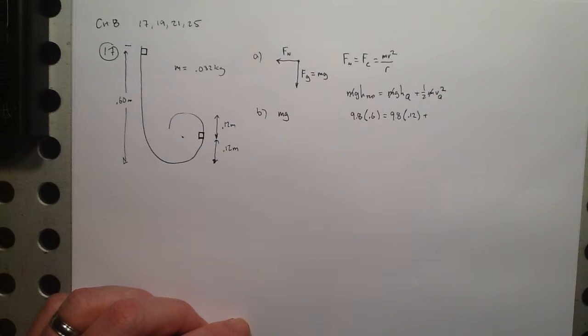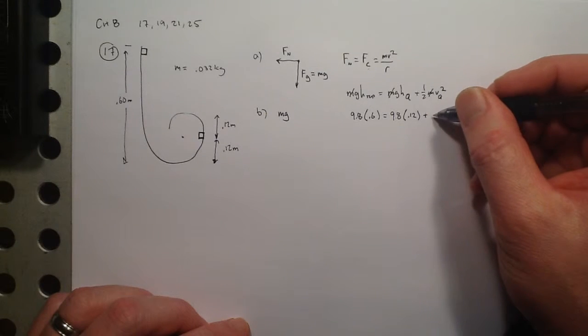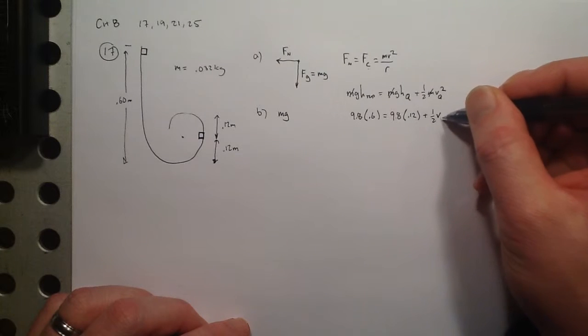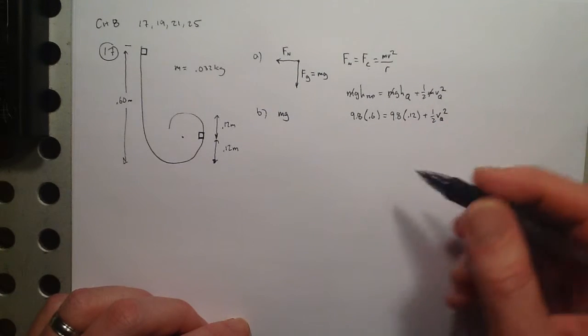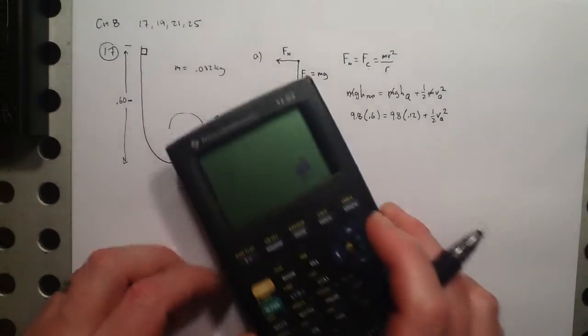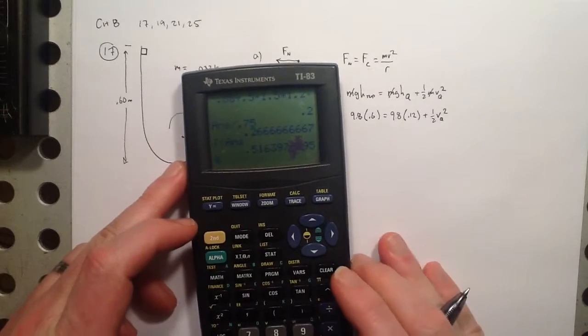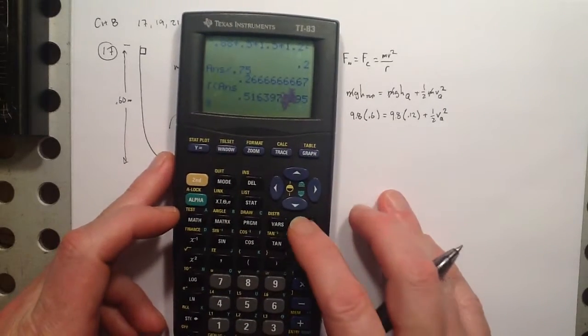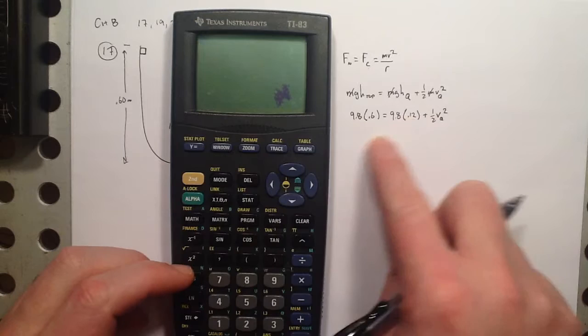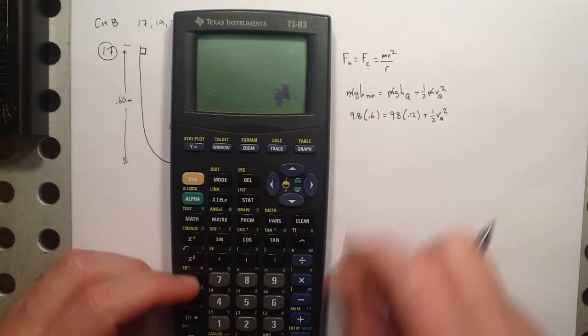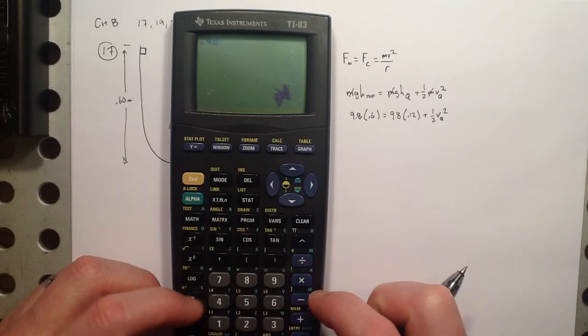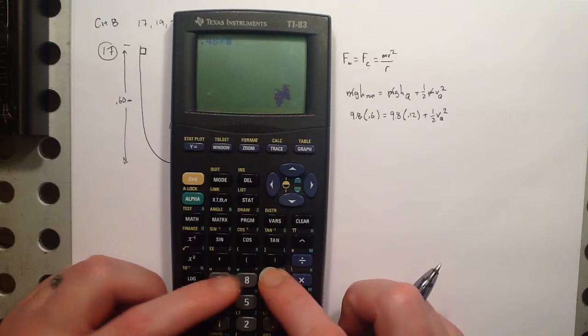plus 1/2 the velocity at Q squared, and I'll do a little bit of calculator work here to figure that out. That's going to be 0.48 times 9.8 when I move that over to the other side.